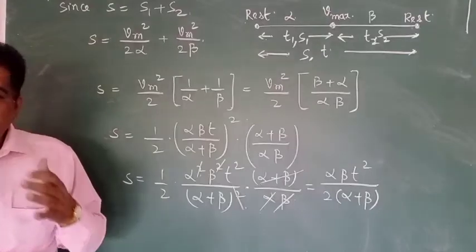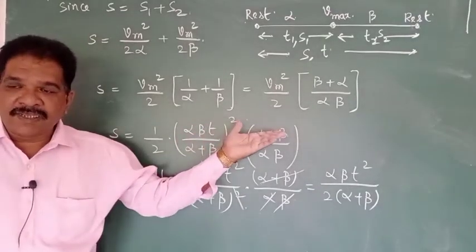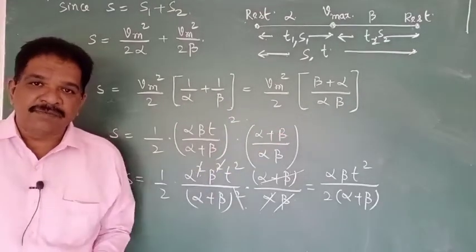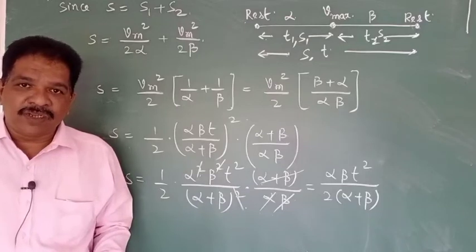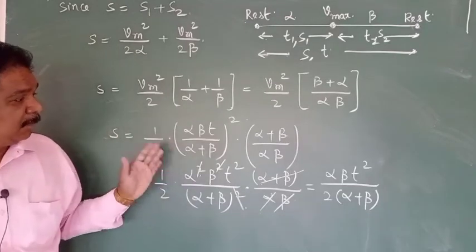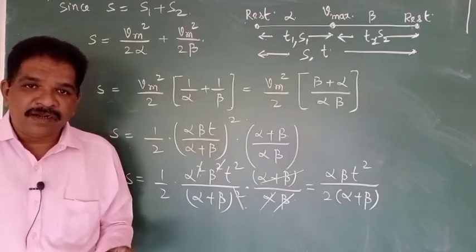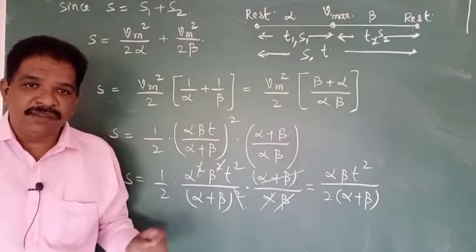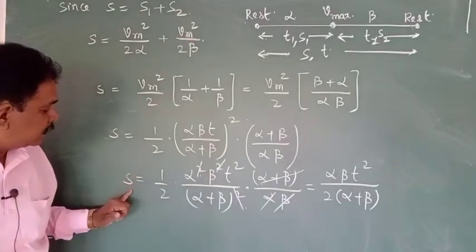Next, a body started from rest moves with acceleration alpha for some time, then retards and finally comes to rest. What is the maximum velocity acquired? Alpha beta t by alpha plus beta. What is the displacement?